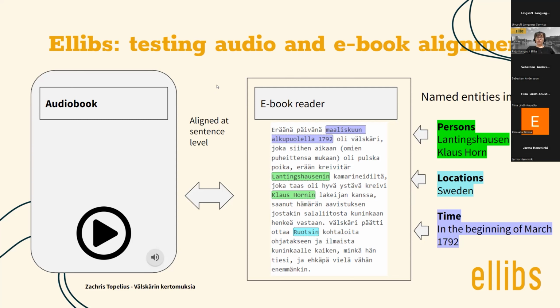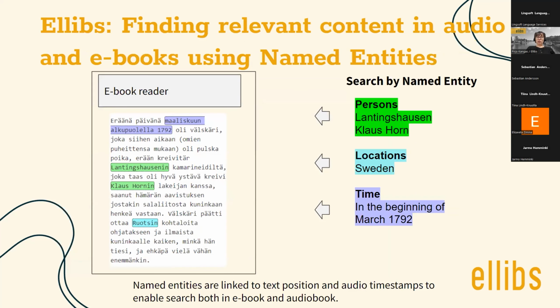Yes. And in the next slide, there's the same text excerpt, and this has a bit more information about the named entities. So the idea is that from the text, you could browse the named entities. For example, times, here the beginning of March 1792, and maybe see what else has happened then.